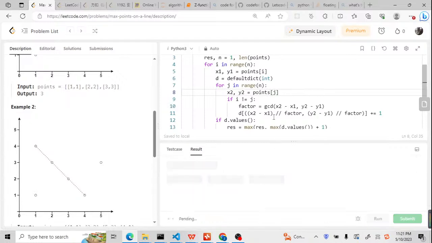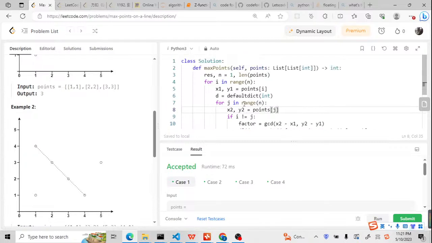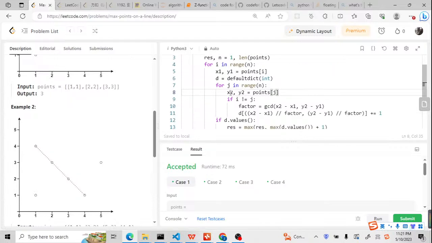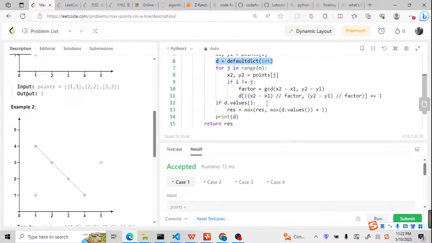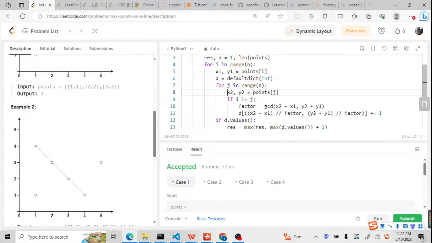Now let me run it to check. As you can see, it works. So this is why it did not work a few minutes ago: there was a logic error. This dictionary should be defined before the second for loop, because we're going to check all the points.